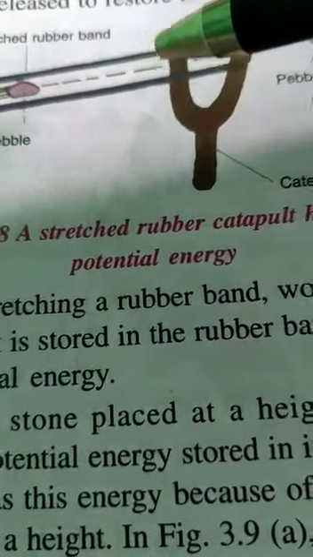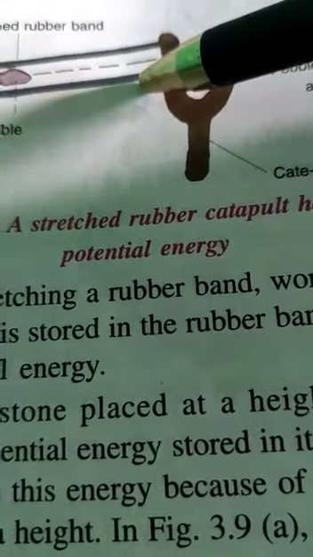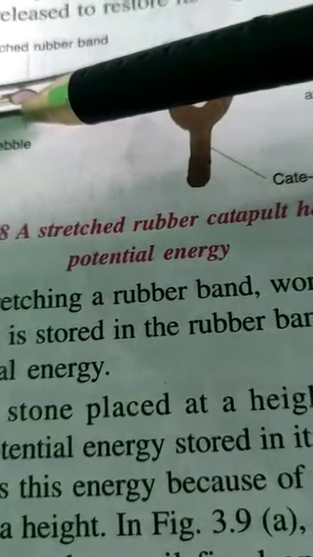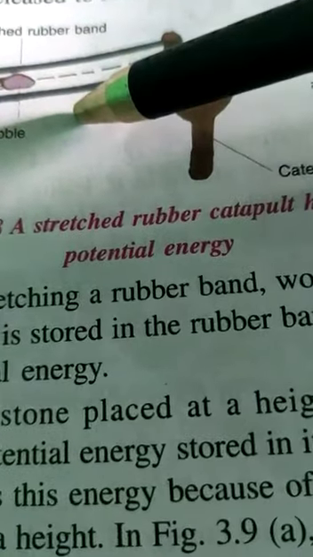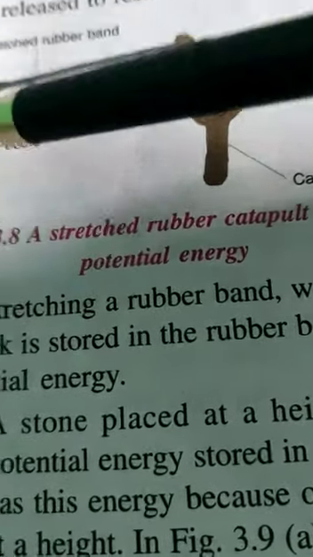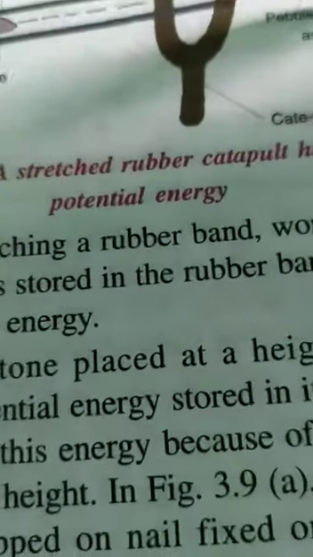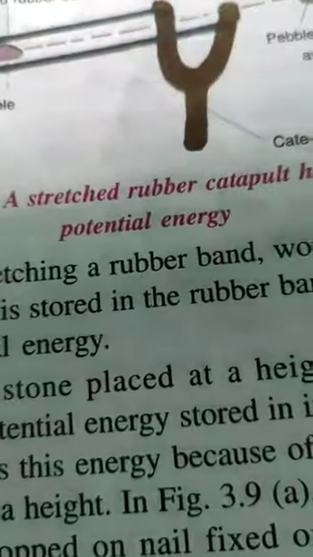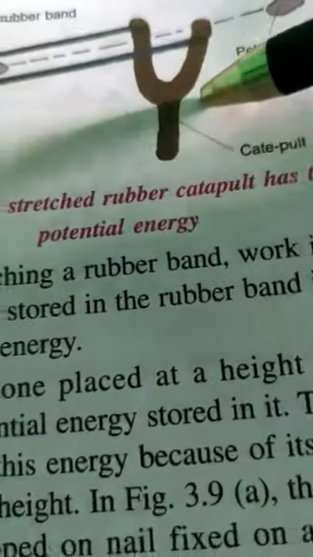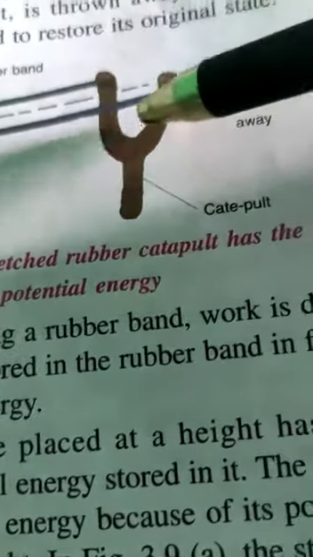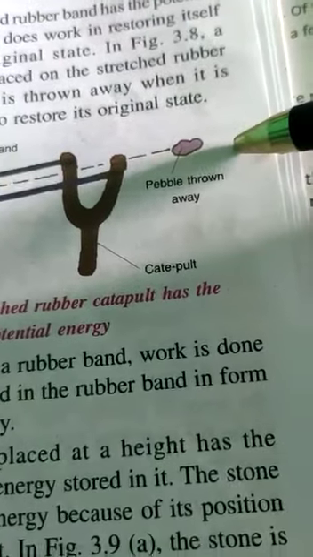A stretched rubber band has potential energy. It does work in restoring itself to its original state. A pebble placed on a stretched rubber catapult is thrown away when it is released to restore its original state. When you release it, it will throw a stone far away.